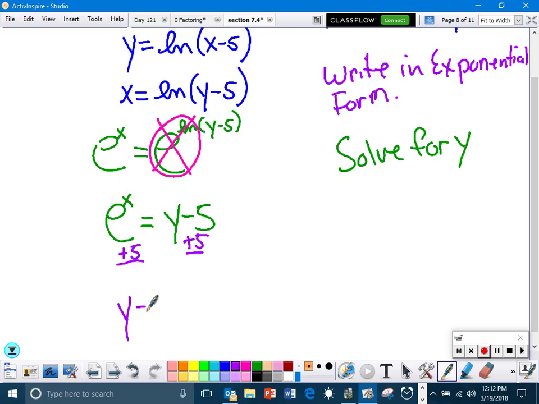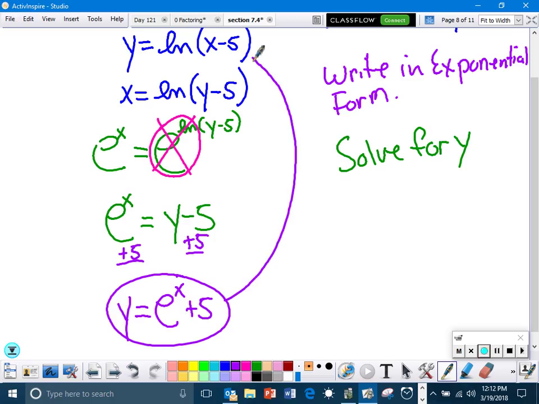So y equals e to the x power plus 5. So this is the inverse of that. Okay, take good notes on that. Think through it. All right, I'm going to go to another example, next page. Again, you can pause and rewind anytime.